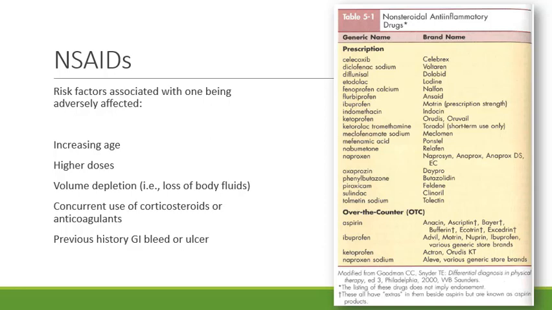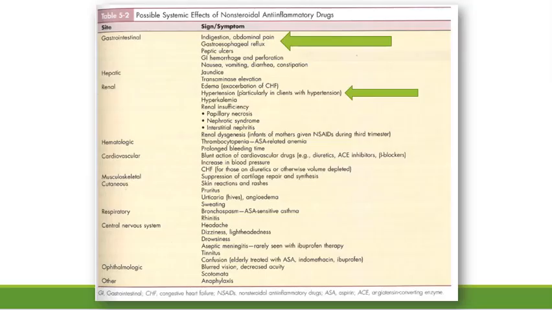I think one of the most common complaints I've seen people express are GI-related issues. So, possible systemic effects of non-steroidal anti-inflammatory drugs right off the bat: GI, there's abdominal pain and some other signs and symptoms.